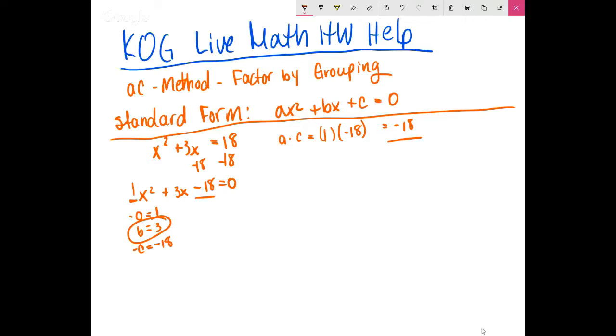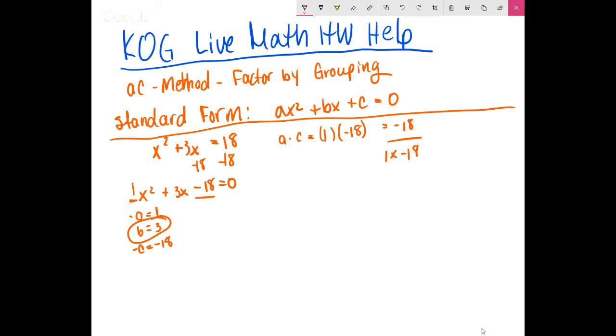So we can do like we did before, greatest common factor, or just factoring things out. 1 times negative 18. Now remember, when we're finding factors of a negative number, only one of them is negative, because if both were negative, that would follow the rule negative times negative is positive, and this is supposed to be negative.